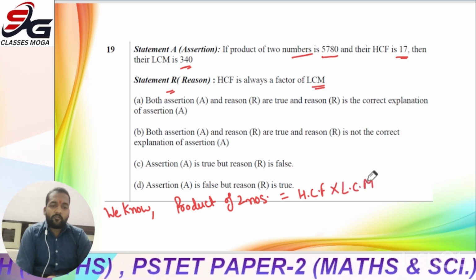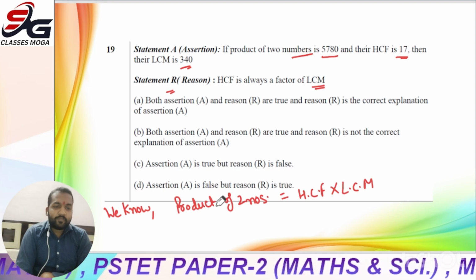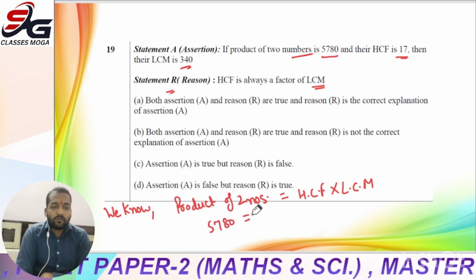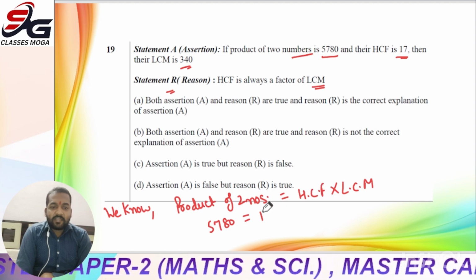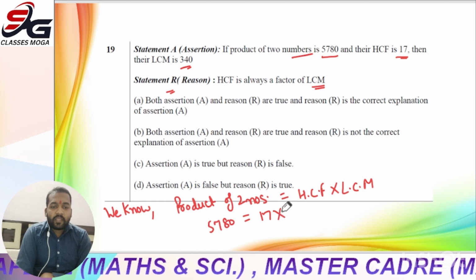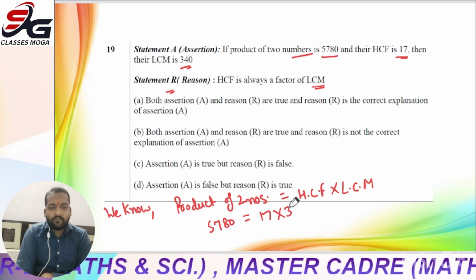So the product is 5780 and HCF is 17, and LCM is, they said, 340.